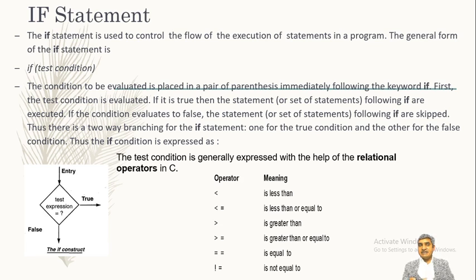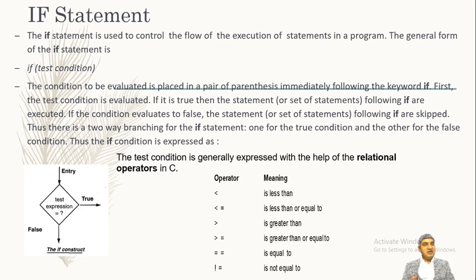This parenthesis is not terminated with a semicolon. If the test condition is true, then the statements following if are executed. But if the test condition is false, then the statements following if are skipped.